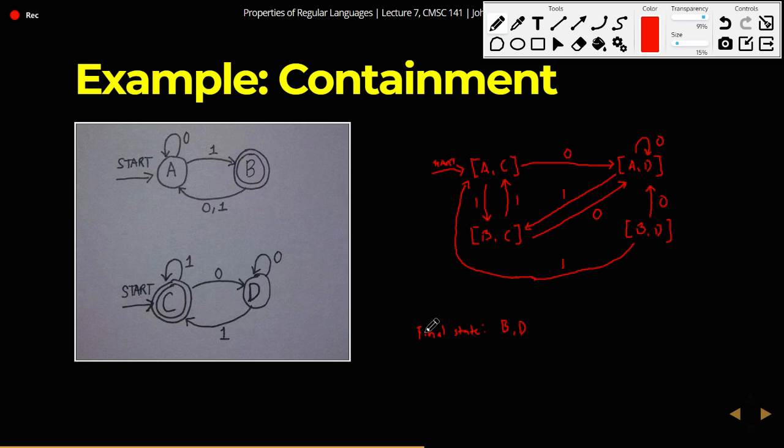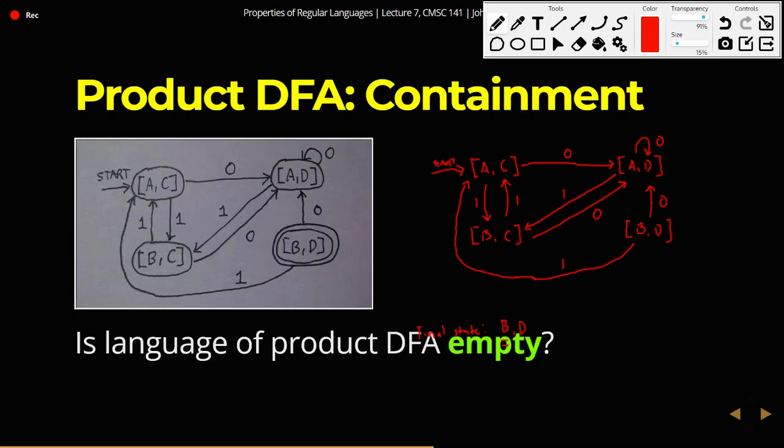Because B is a final state in the first DFA and D is not a final state in the second DFA. Okay, so all states such that the first component is a final state and the second component is not a final state, those will be final states in this one. So this is the product DFA for containment. So is the language of the product DFA empty?